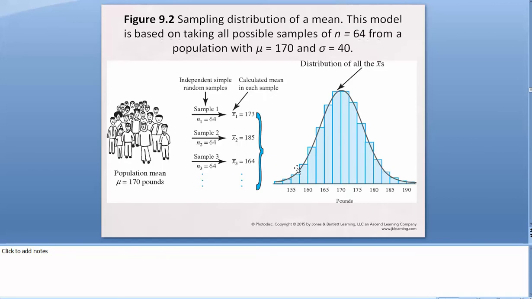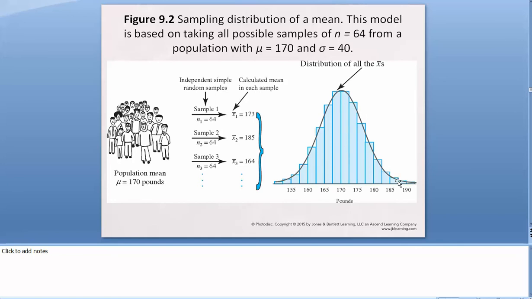All right, so here's how it looks. For different samples, like we talked about, n equal to 64, x bar for this sample 173, and so on. If you do it with the same n value of 64 and got different sample mean values, and did the histogram, on the x-axis are these x bar values, and we are looking at how often you would get each one of these values.